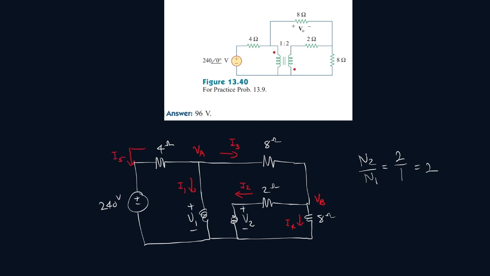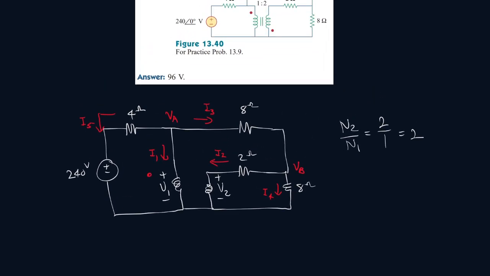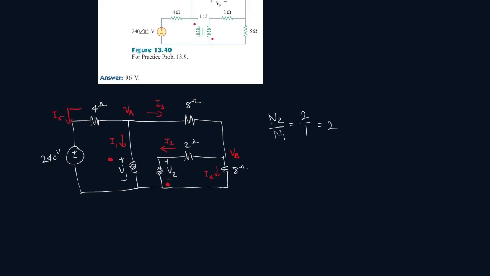Next thing we see is that we have a red dot here and a red dot here, so they're opposite of each other. But then we have I1 and I2 entering the inductors. So pretty much that means the following is true.